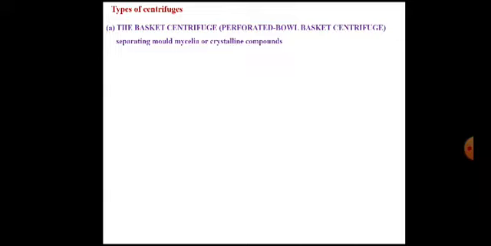It is used for the separation of mold mycelia, that means fungal mycelia, or more crystalline compounds. It is a perforated bowl, that means a vessel, lined with a filter bag of nylon or cotton, and it is operated at 4,000 rotations per minute.